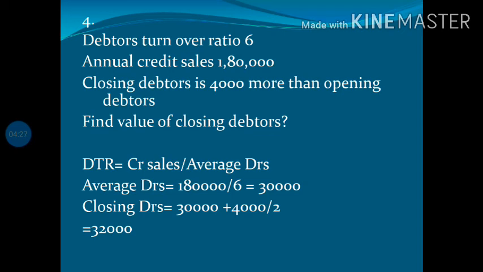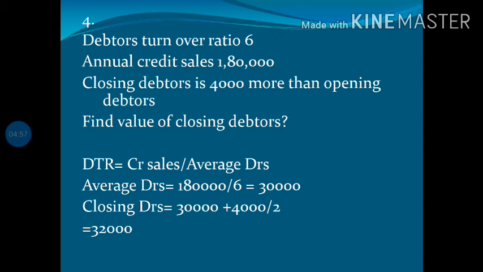First, use the equation debtors turnover ratio is equal to net credit annual sales divided by average debtors. Then average debtors is equal to net credit annual sales divided by debtors turnover ratio. So average debtors is equal to net credit sales 1,80,000 divided by debtors turnover ratio 6. 1,80,000 divided by 6 is equal to 30,000.